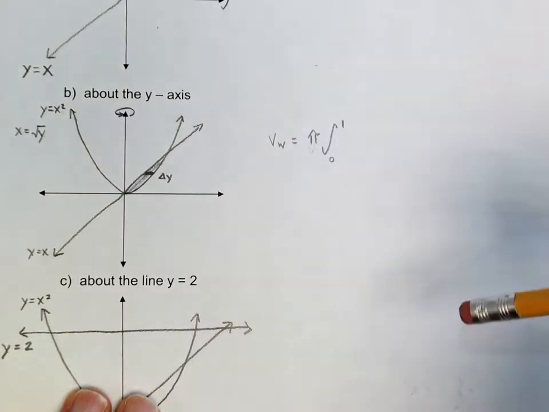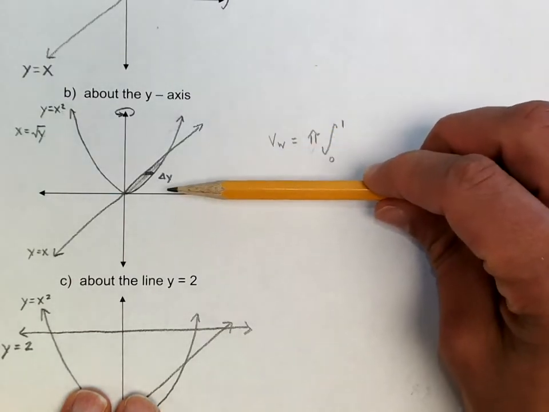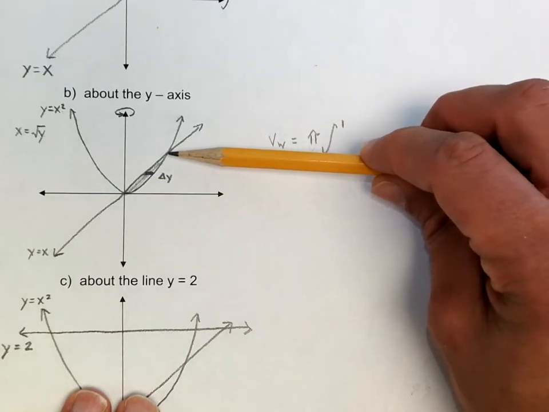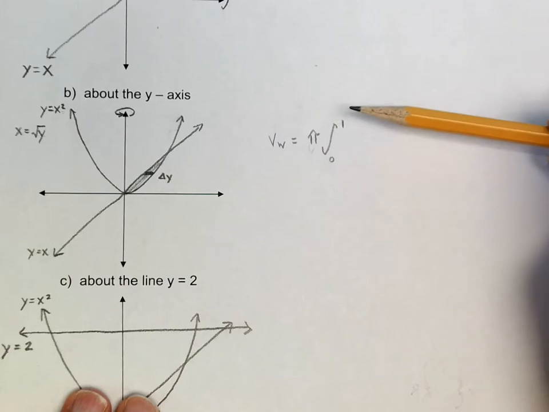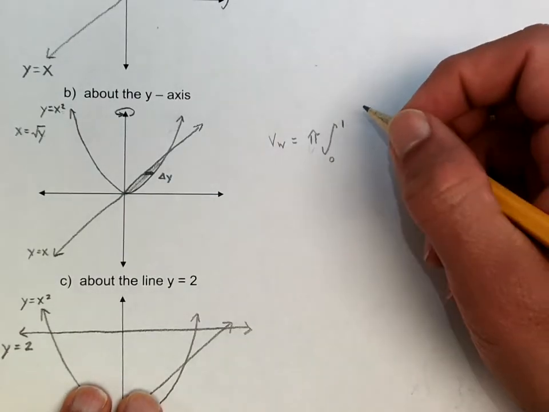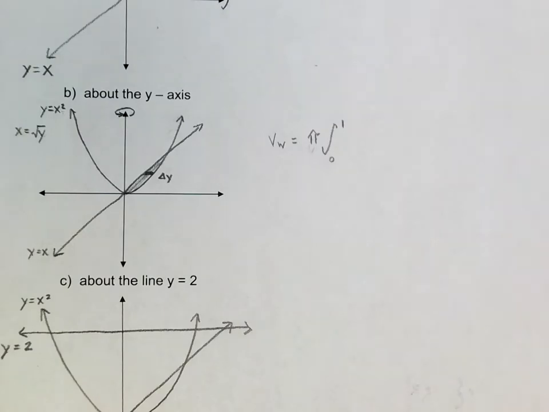Notice that 0 and 1 just happens to be the same point. We're looking at the y coordinates of that point and that point, and it just happens to be 0 and 1, just like the previous example. So now we're going to have the radius of the larger disk.